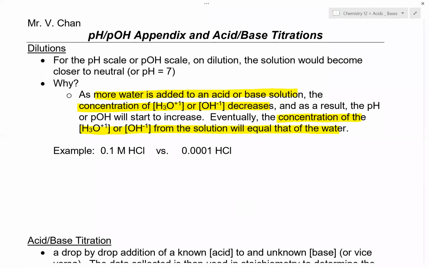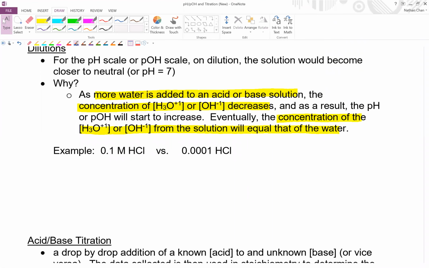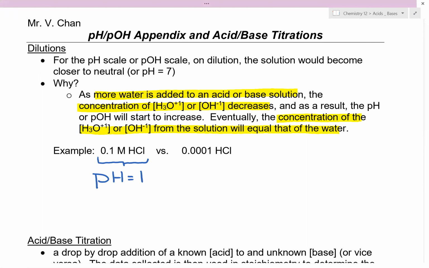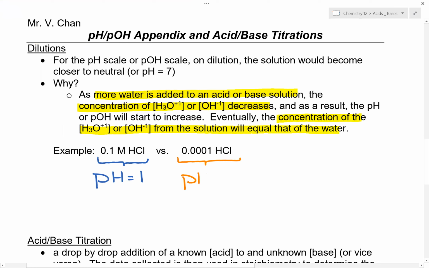Now, what do I mean by this? In this case, if we had 0.1 molarity HCl, the pH would be equal to 1. Here, this would be a pH equal to 4.